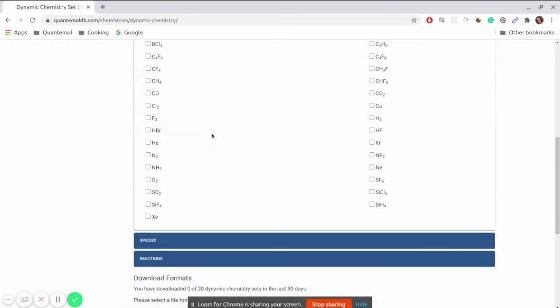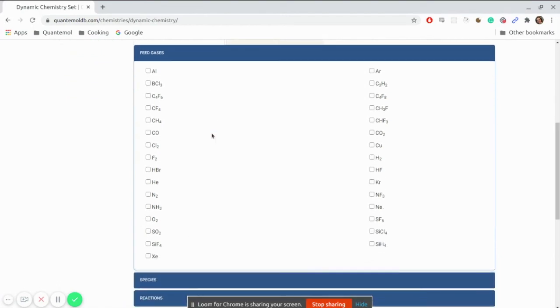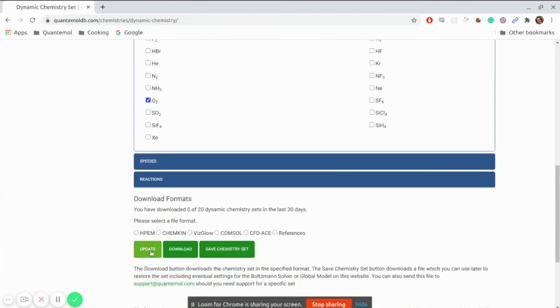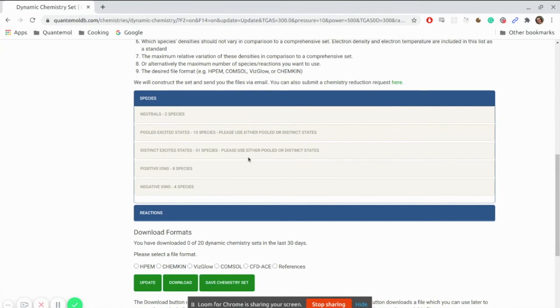So it brings us to this form, which will guide us through several steps in assembling our own set. I would like to assemble argon and oxygen chemistry, so I select my feed gases here and I click on the update button. After the update, it brings up the species which I can select, and the species are separated into types of species, so you make your choices mindfully.